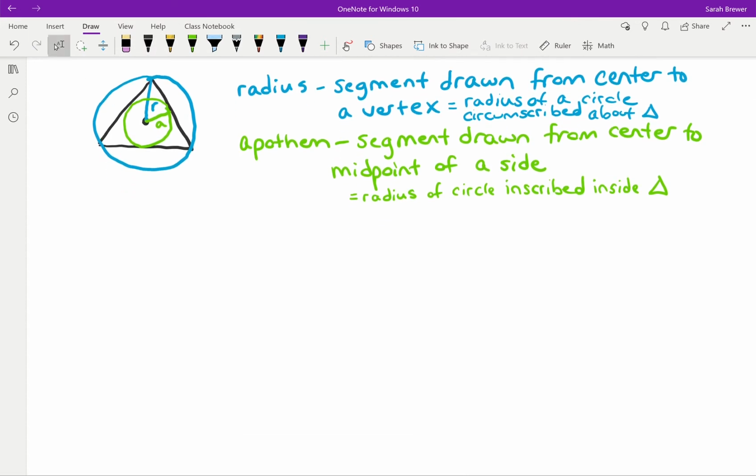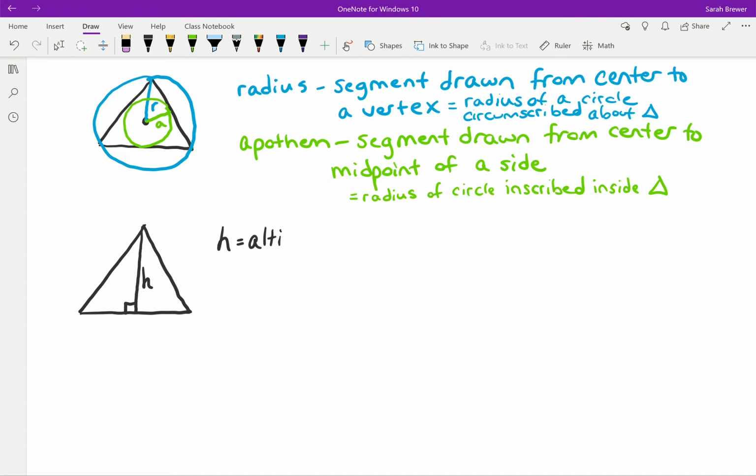Before we look specifically at our radius and our apothem, I want to look at the altitude of our equilateral triangle. All of these variables that I'm using, A, H, I could be using any variables here.